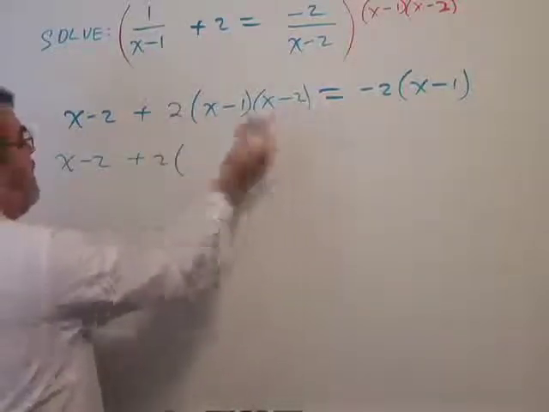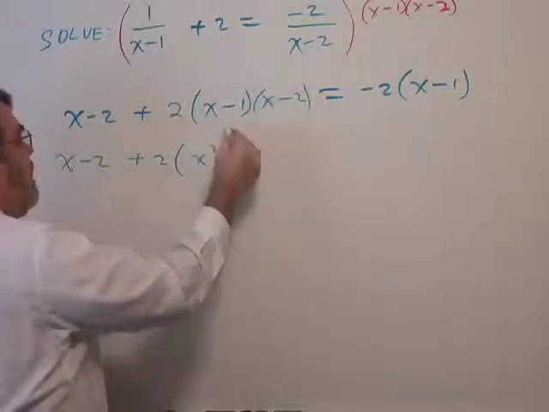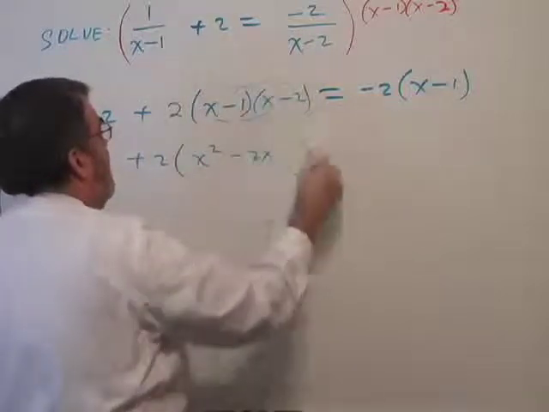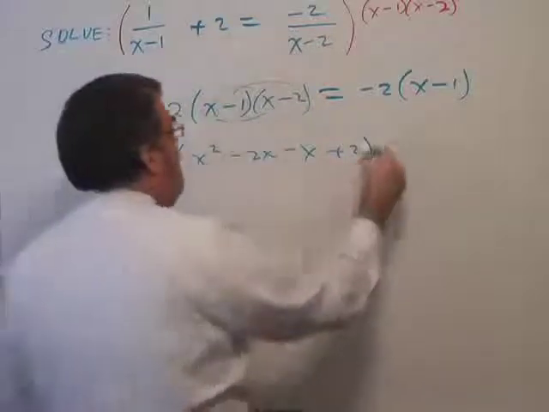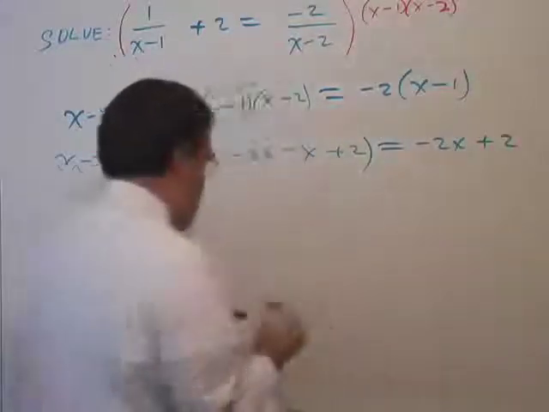So 2 times this product, and that's going to be x squared minus 2x minus x, and then plus 2. And then over here on the right, when we multiply through, I've got negative 2x plus 2.